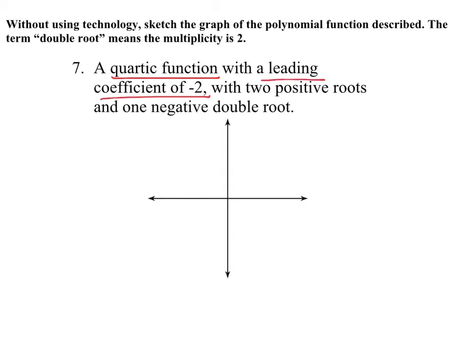That means as my graph goes to the right, negative leading coefficient says I go down. Even degree, left and right are the same. I have 2 positive roots and 1 negative double root. So on the left side, I need to make sure I touch the x-axis but don't cross through. On the right side, I cross through the x-axis twice. And that is my graph.